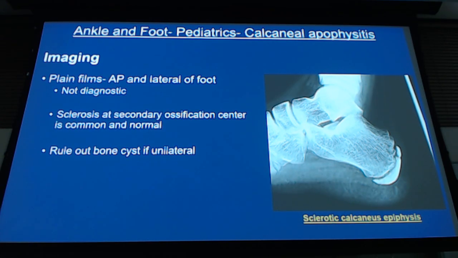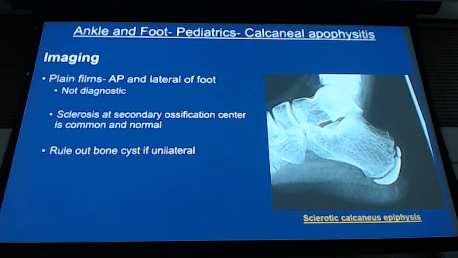In some cases, you might see a little bit of extra bone deposition as the patient continues to weight bear and irritate this area. This whitening that you see at the margins is called sclerosis, and that's an indication that there is additional deposition of bone as this thing tries to heal.